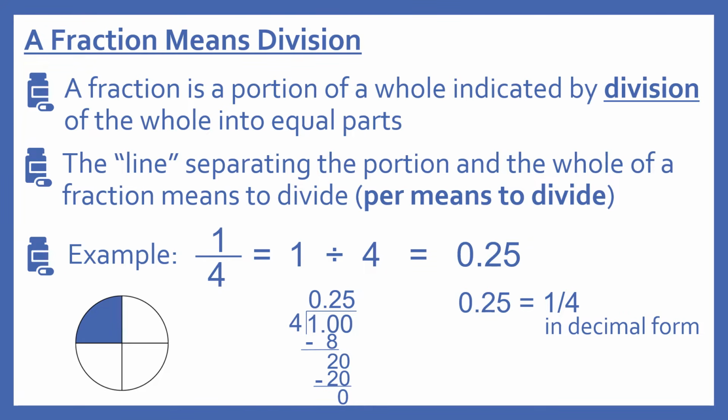So for example of 1/4, 1/4 equals 1 divided by 4. And if we solve that with a calculator or working out the division problem, that equals 0.25. So 0.25 is what 1/4 is in decimal form. And we'll talk a little more about that when we get to our decimal section.